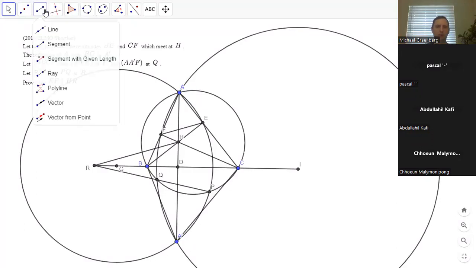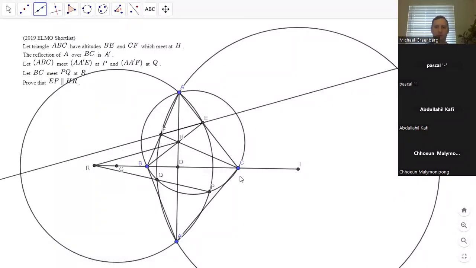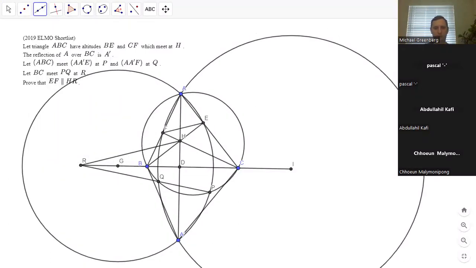I wonder, let's try something. I wonder where EF, so EF and BC meet at a point. Is PQA prime D cyclic?